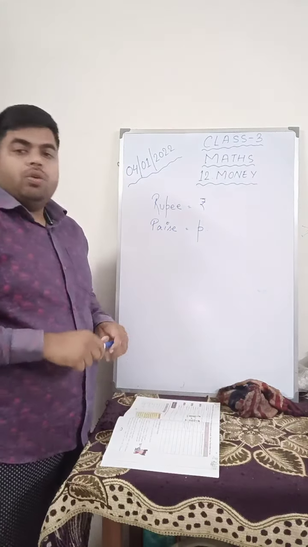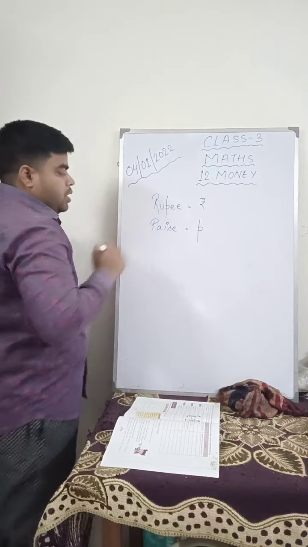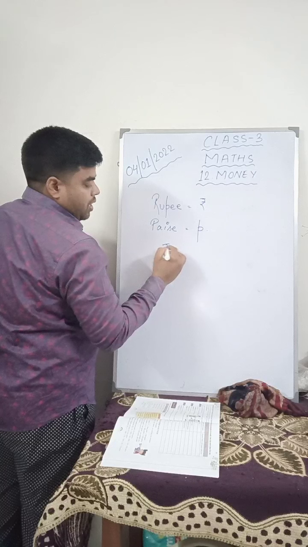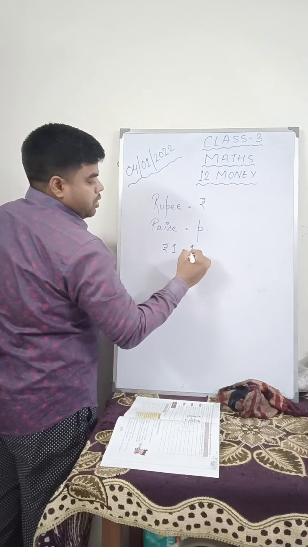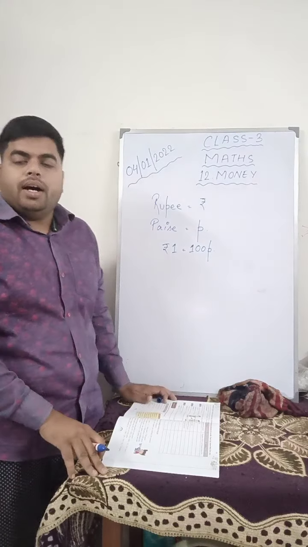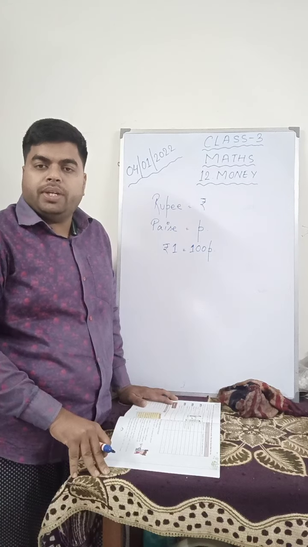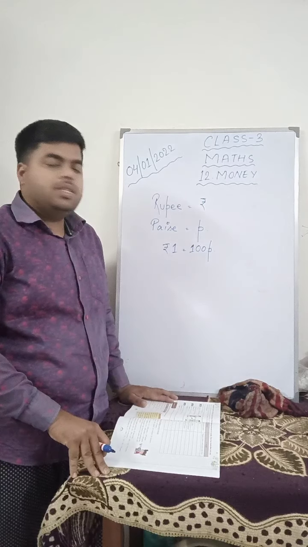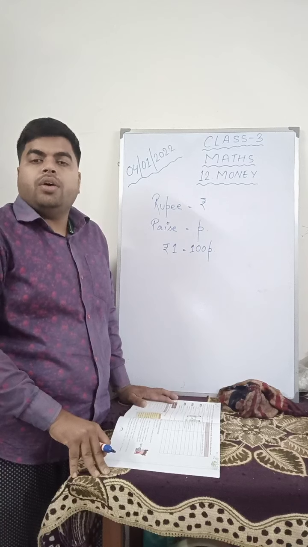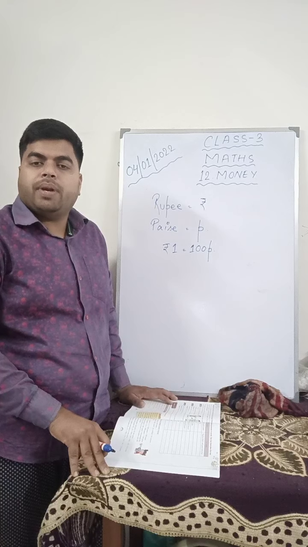Now 1 rupee is equal to 100 paisa. So you should know this conversion. Like earlier in the measurement chapter we have done 1 kilometer is equal to 1000 meter. If they give you rupees to convert into paisa, you have to multiply with 100.